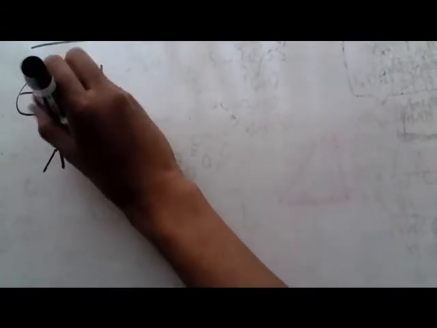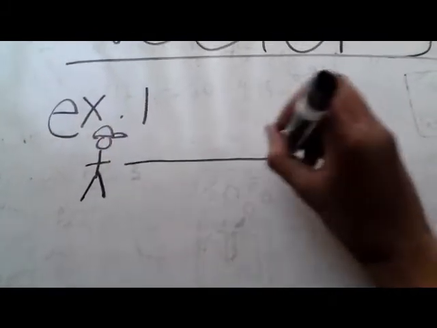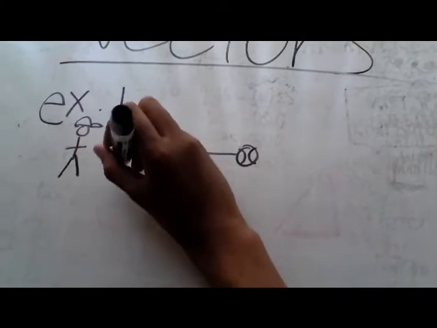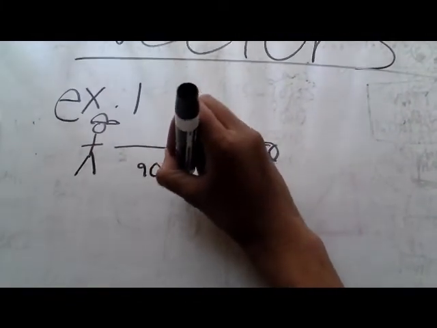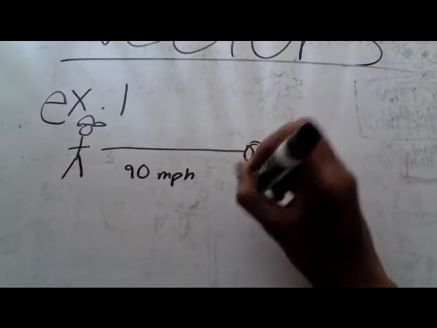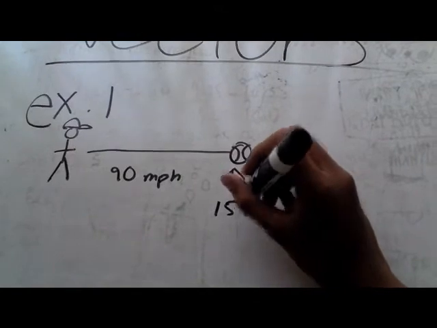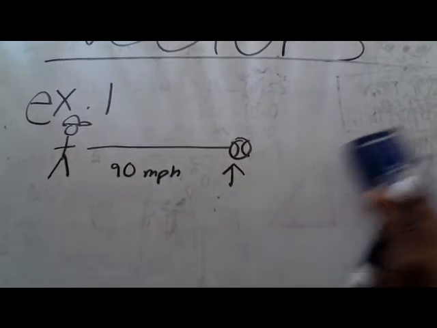Here's the first example. I toss a baseball straight at 90 miles per hour with respect to gravity. And the wind is blowing up at 30 miles per hour. Now I have to find the new resulting force on the baseball and a new path.